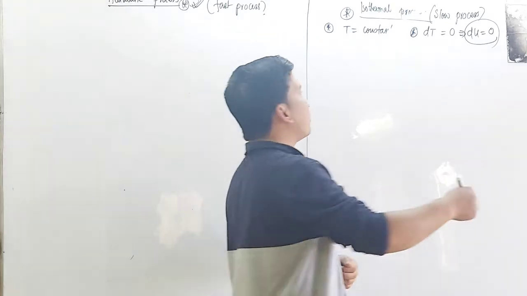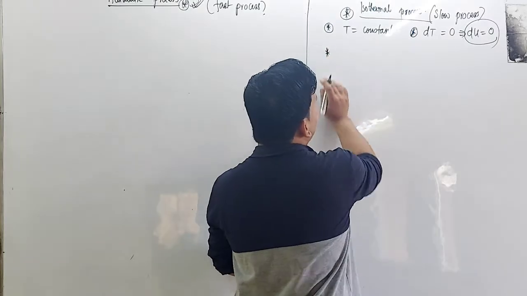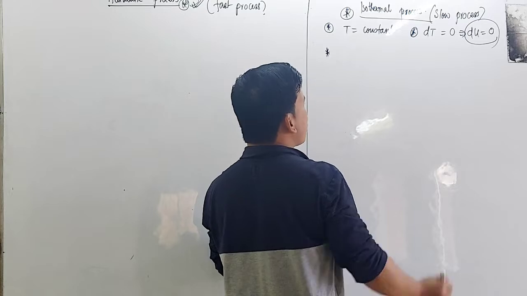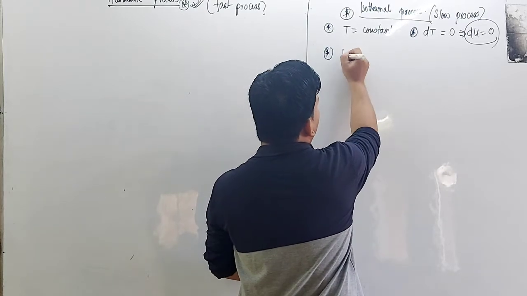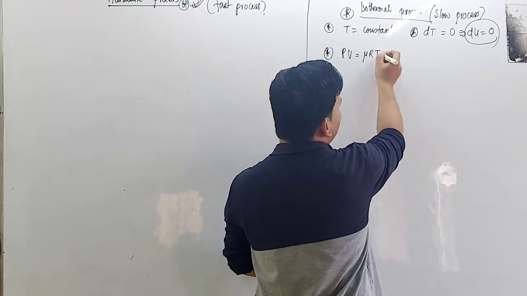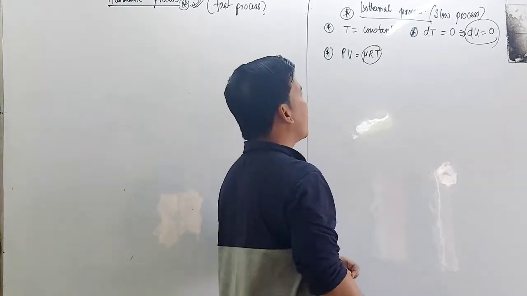And what was the second point to be remembered? You have to remember the equation of state. The equation of state will be PV equal to mu RT, and here mu RT will remain constant.